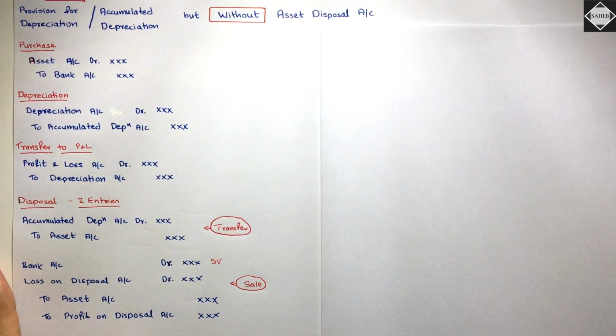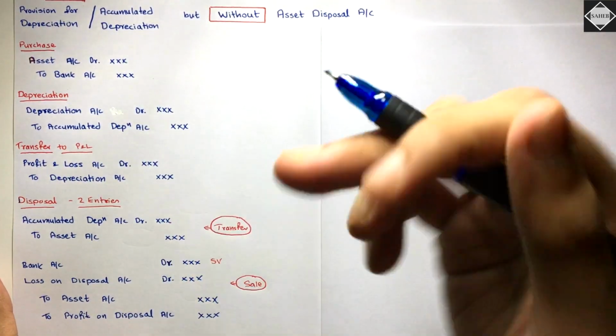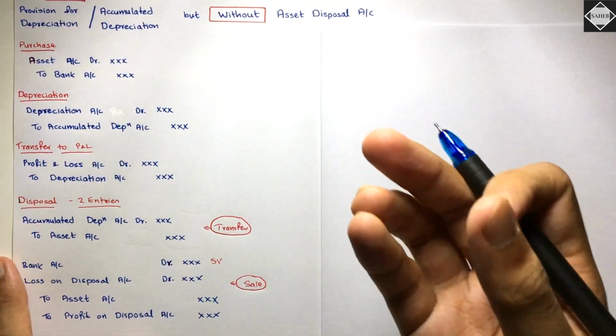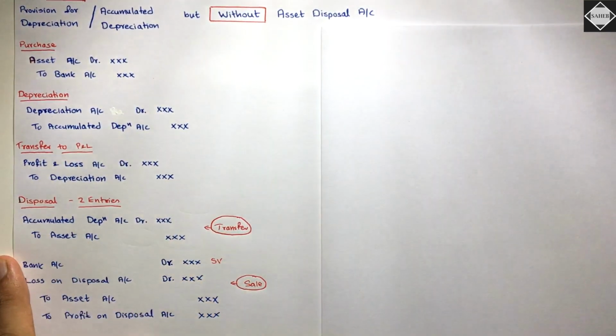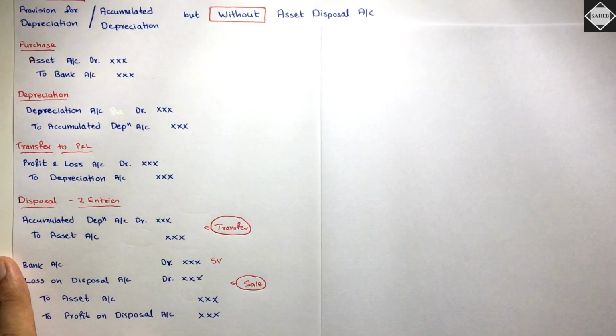See, what you have to do is, whatever depreciation you have charged up till now, up to the date of sale, that depreciation will be in accumulated depreciation. So that depreciation you have to cancel off. For example, let me just give you an example.